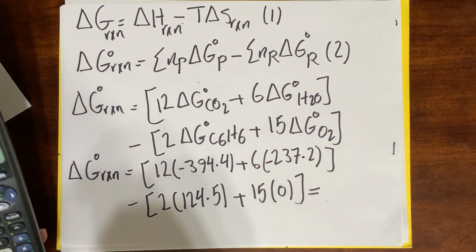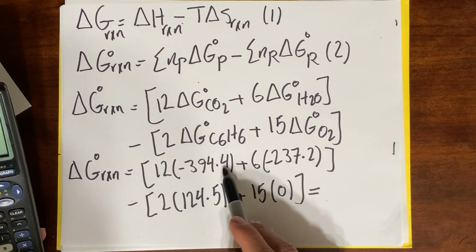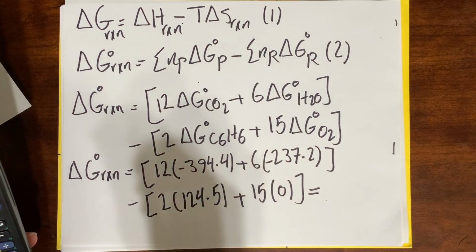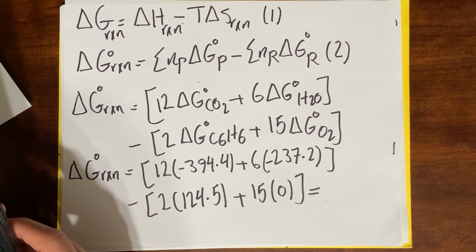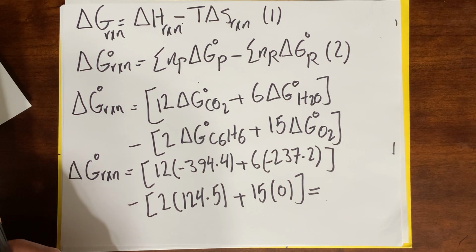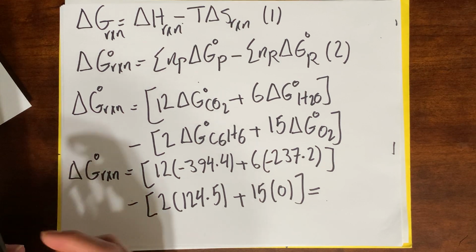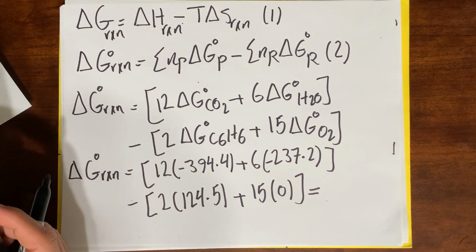Okay, so I have 12 multiplied by minus 394.4, 6 multiplied by minus 237.2, then minus 2 multiplied by 124.5. I got 5907. Give it a try again.